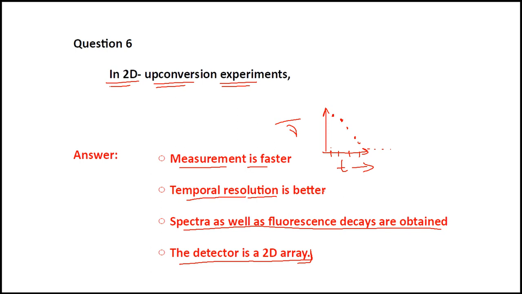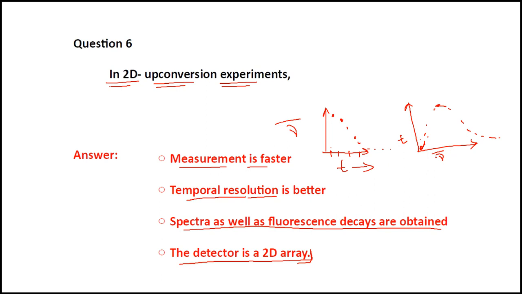Now, you can plot this in yet another way: here you have taken the wave number, and here the time. At time 0 the intensity is 0. With time, the wave number increases to a maximum value, and then decreases further. So you can measure both.